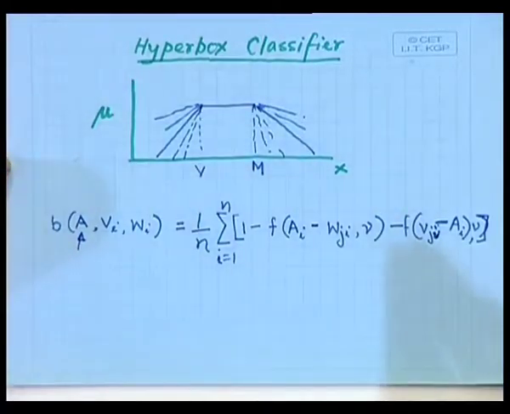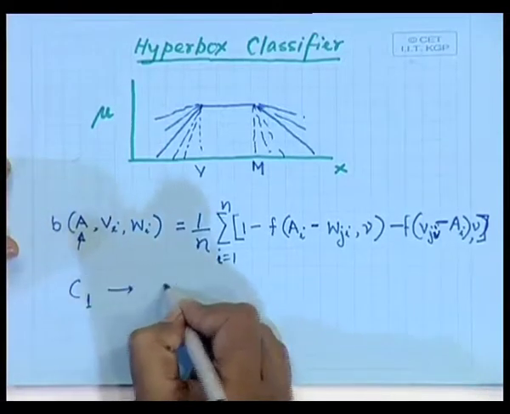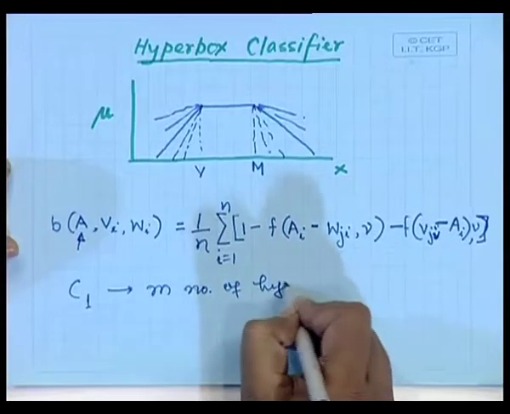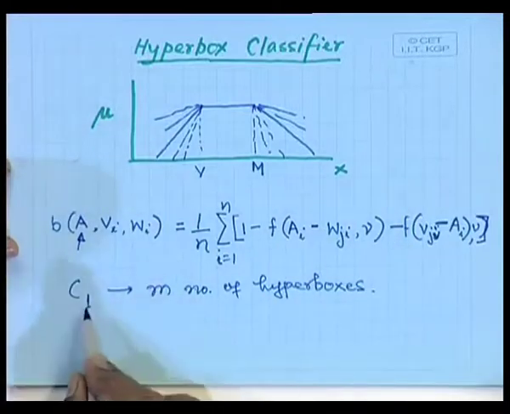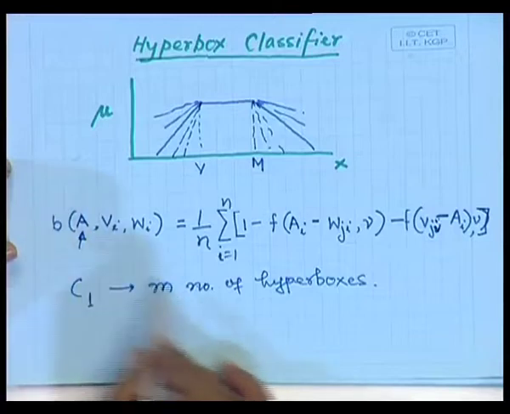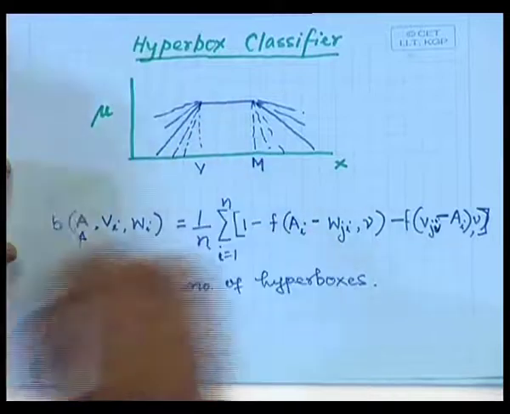I can compute the membership of an unknown sample to different hyperboxes, because in this case I will have for every class a number of hyperboxes. Considering a particular class, say class C1, which has m number of hyperboxes, for each of these hyperboxes I will have a membership function of this form.